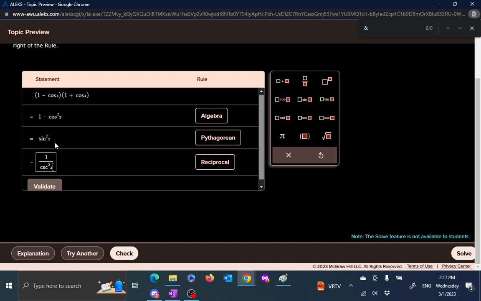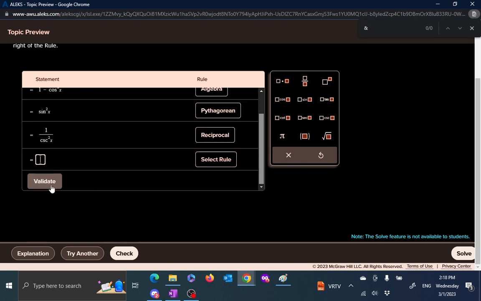I am doing two things at the same time: instead of sine I'm writing 1 over cosecant, and also squaring it. The primary thing here is that I used a reciprocal identity. Yeah, it's okay. We had to take that identity and square it, which allowed us to avoid writing too much.